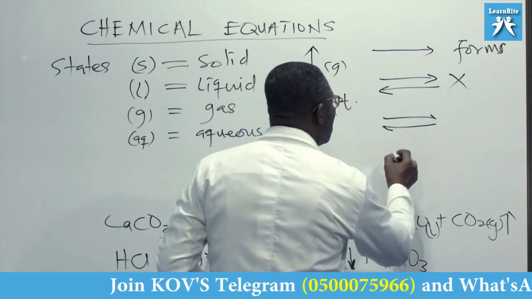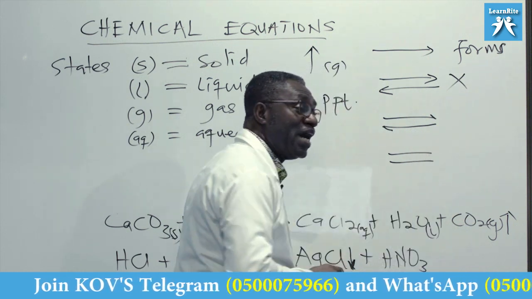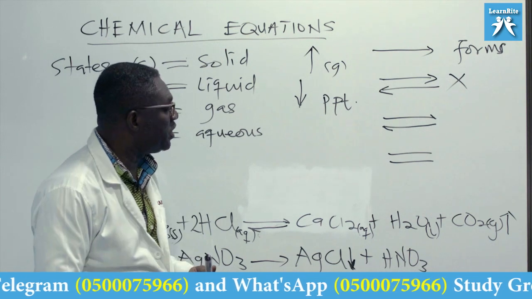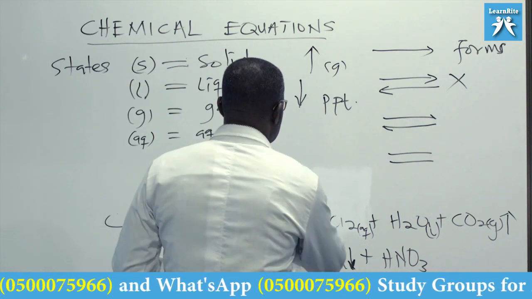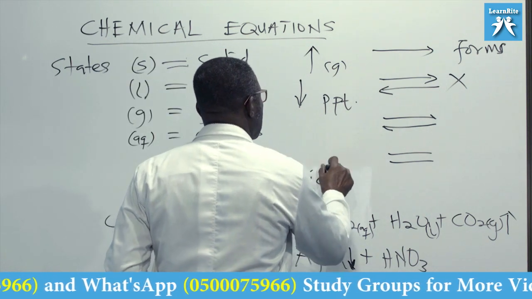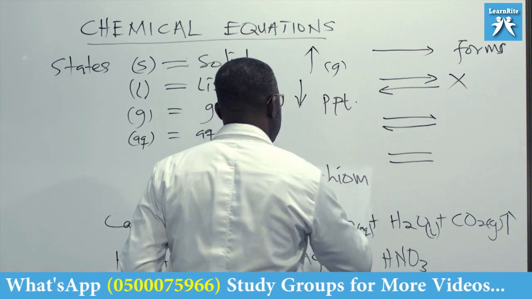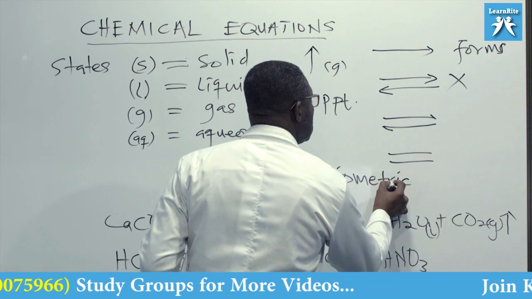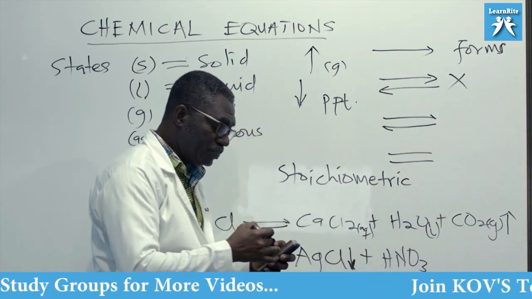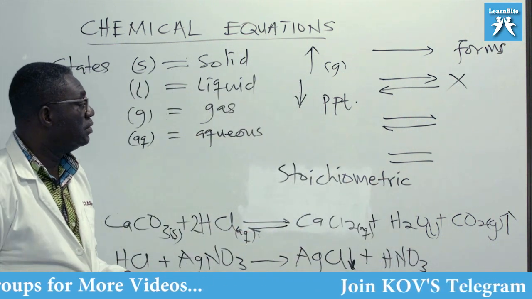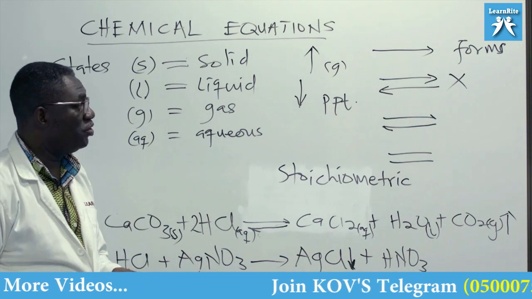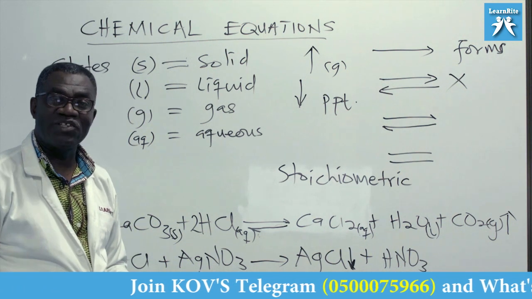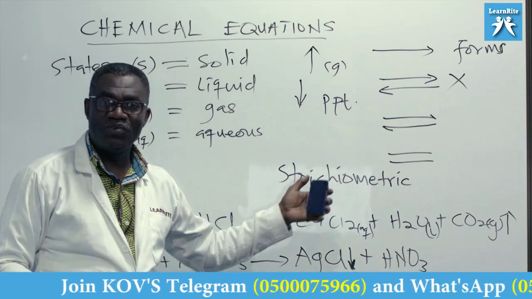In some old books, we also have this sign, an equal to sign, which you hardly find now. It's called a stoichiometric equation, okay? That is also no more in use. But those of you who become professors will be reading old books and you will find them.